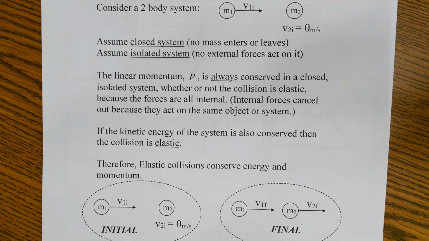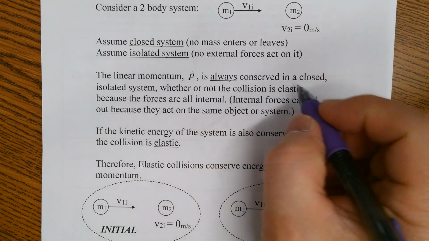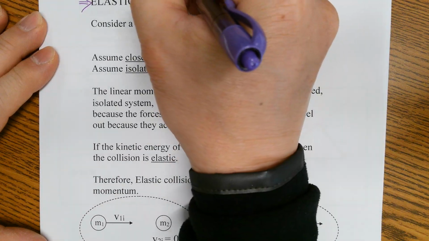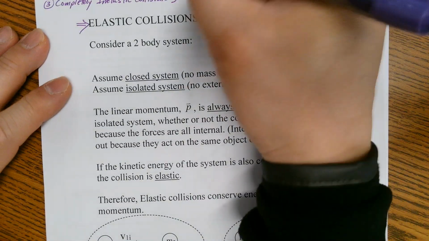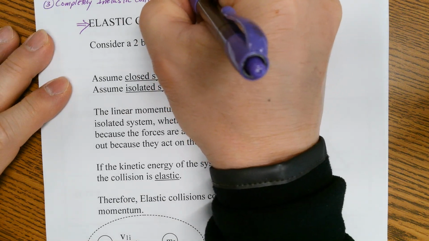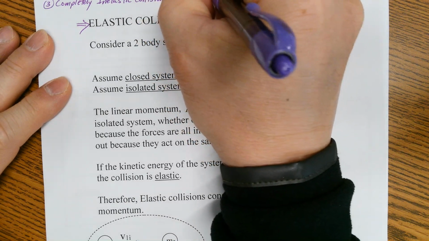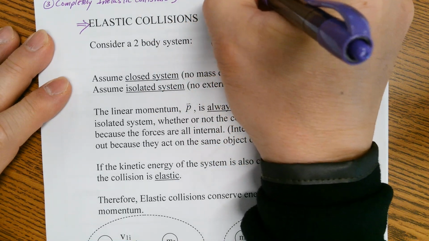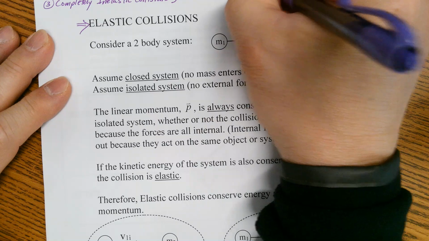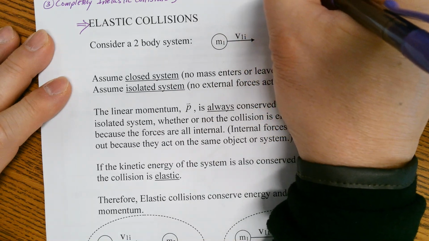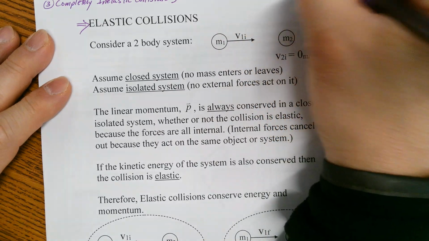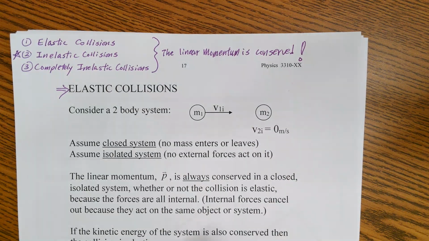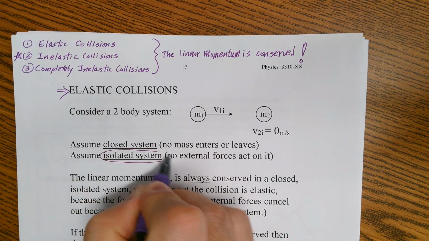The linear momentum P is always conserved in all collisions. The linear momentum is conserved because it is an isolated system.